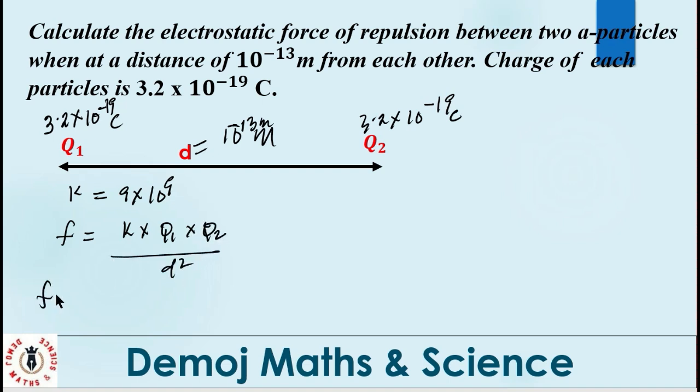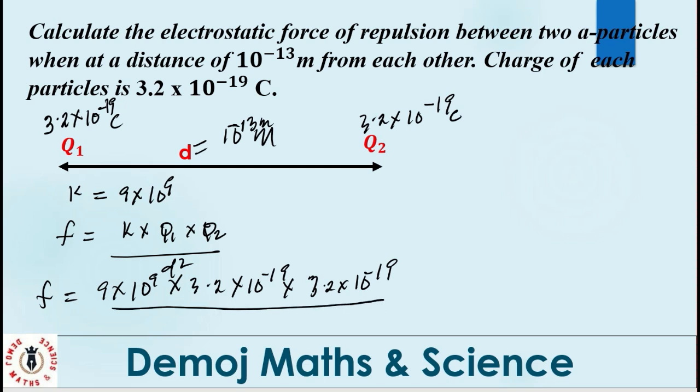Now, my F, remember, is K times Q1 times Q2 over d squared. So my F will be 9 times 10 raised to power 9 times 3.2 times 10 raised to power minus 19 times 3.2 times 10 raised to power minus 19 over d squared. My d is 10 raised to power minus 13, all squared.